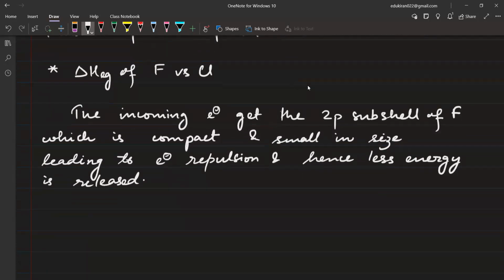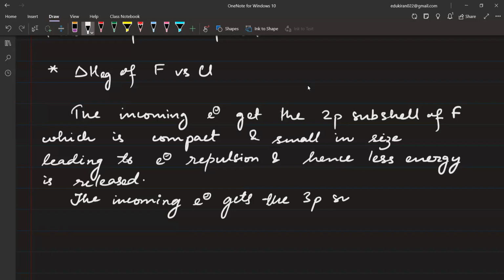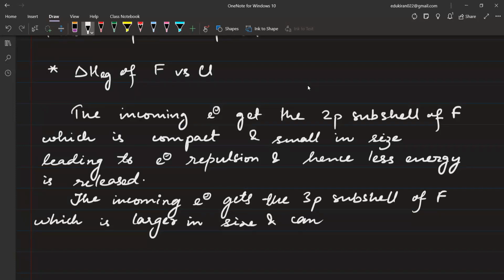Now in the case of chlorine, what happens? The incoming electron gets the 3p subshell, which is larger in size and can easily accommodate the incoming electron.